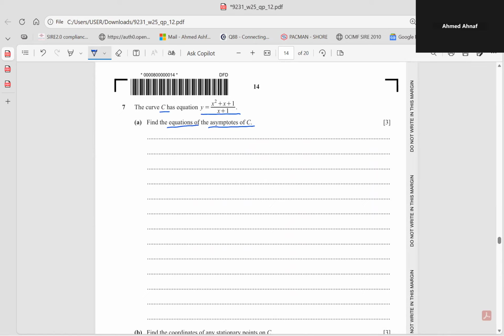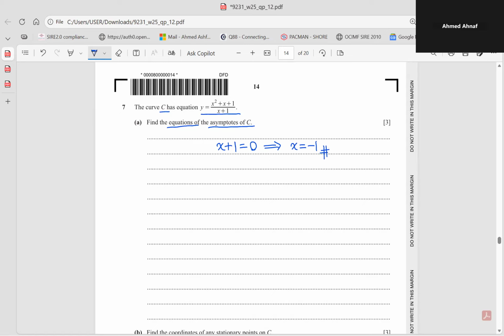All right, so to do that, let's equate the denominator x plus 1 to 0. And by doing that and solving for x, you will get the vertical asymptote, which is x equals negative 1. So that's our first answer.